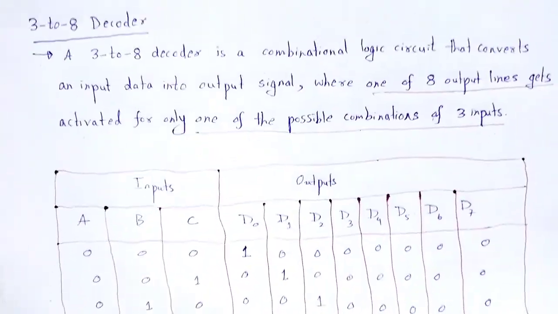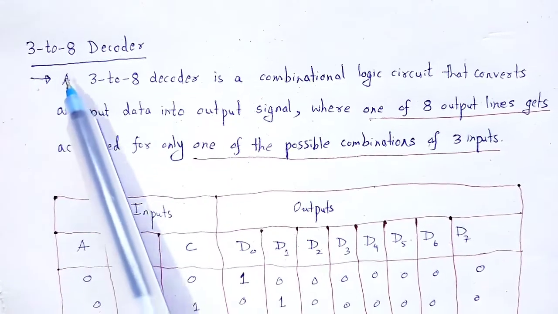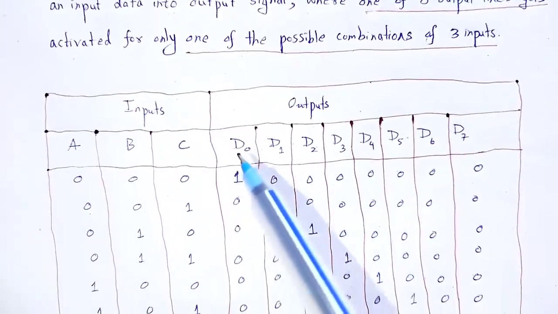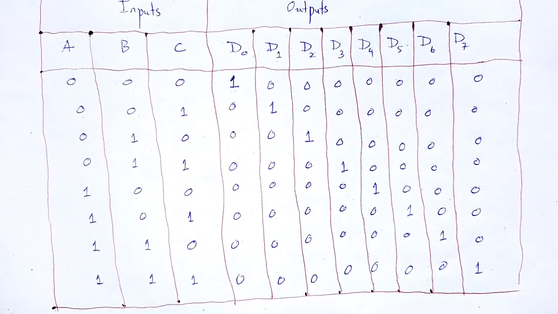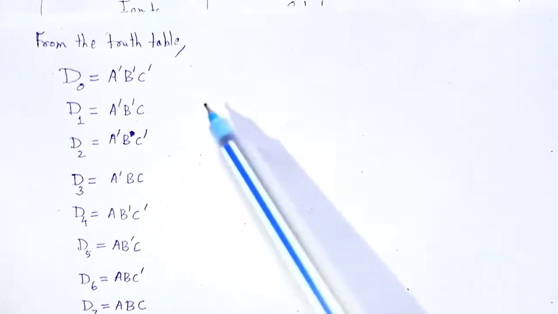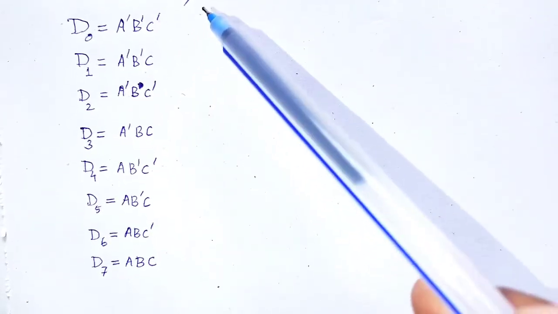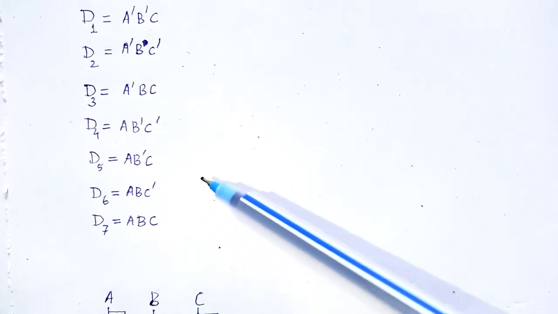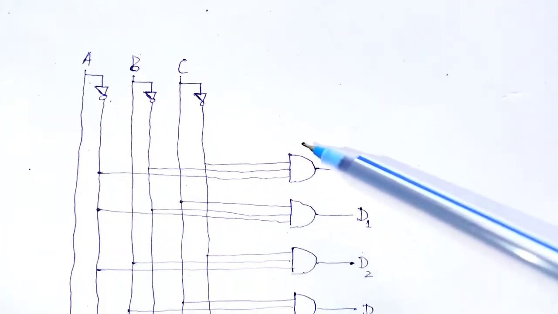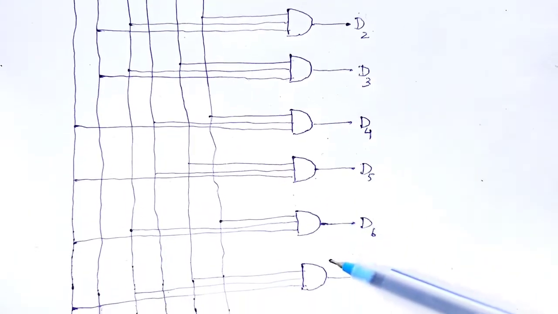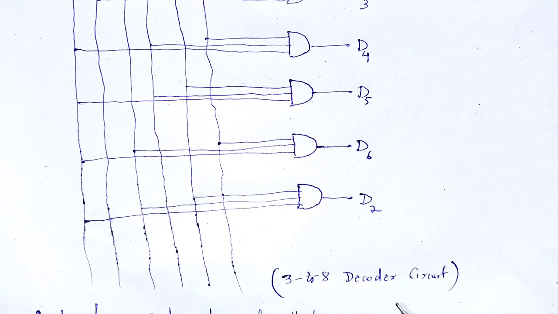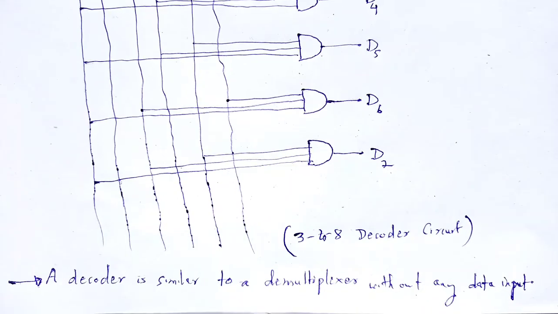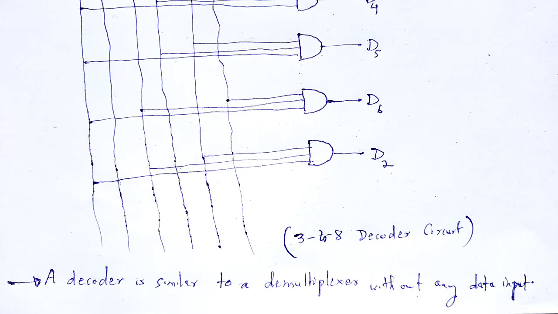That's all about the 3 to 8 decoder. 3 inputs, 8 outputs. Truth table. From that truth table, we construct the boolean expression. By using that boolean expression in the logic circuit for the 3 to 8 decoder circuit, it is similar to a demultiplexer without any data input.